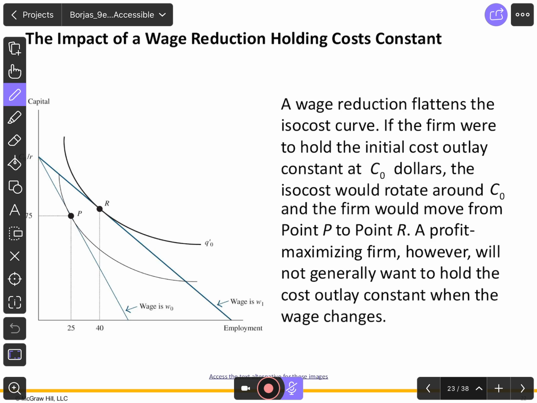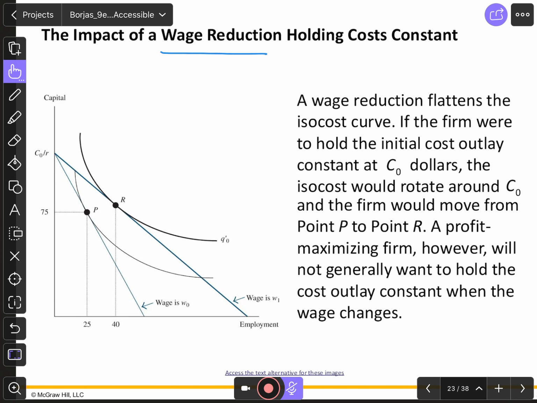Looking at this graph, we are going to see the impact of the wage reduction holding constant other costs of production. On the y-axis we have capital, and we have workers or employment. We have the isocost line and the isoquant curve, and we have two isoquants and two isocost lines.